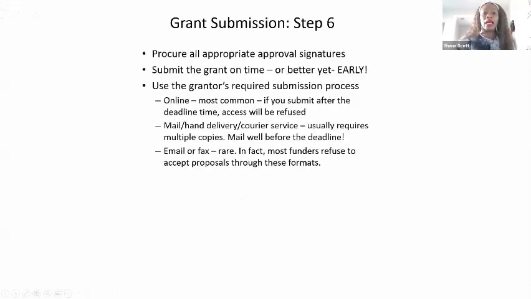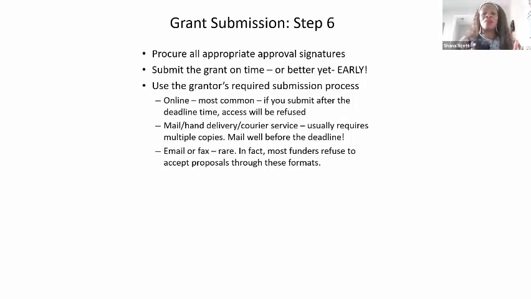So you've brought all of those things together. So submit. Now you must submit your grant. Sign your submission.